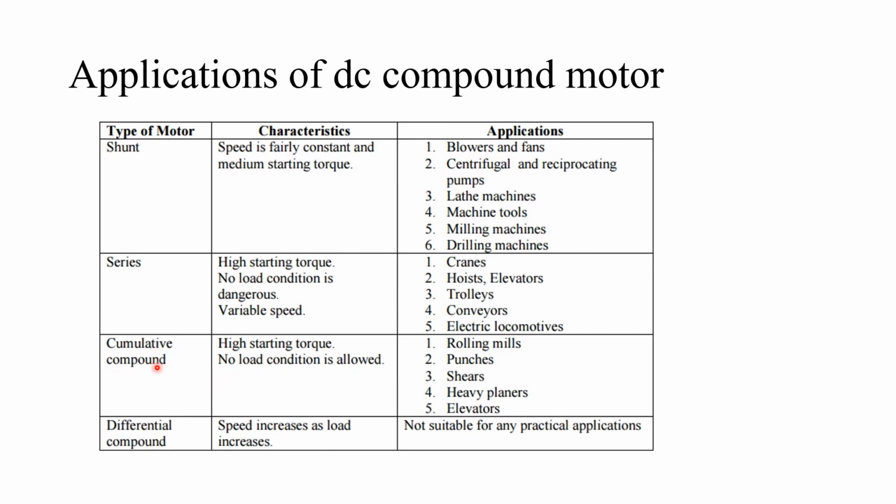These machines possess high starting torque, and they are mainly used in rolling mills, punches, shears, heavy planers, elevators, etc. Differential compound motors are not common in use, but they can be used for experimental purposes in laboratories. So I concluded the applications of the three motors here.